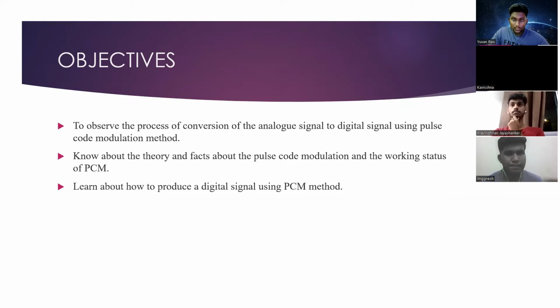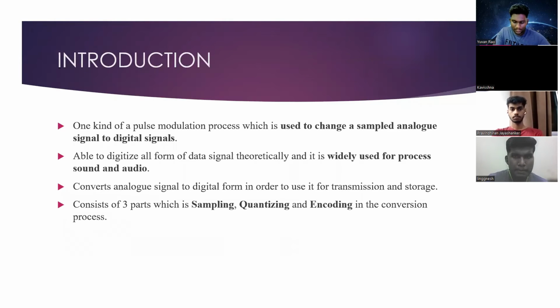We aim to gain more experience for using the simulation software and enhance our knowledge about pulse code modulation. This lab will also enable us to research more about pulse code modulation, emulate the modulation process in our real life. So next will be the introduction.